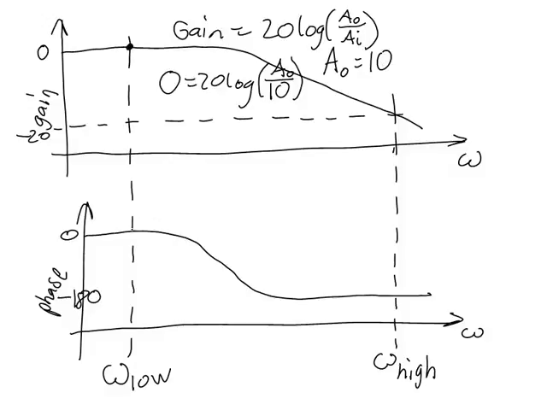Next, I go down to the phase plot, and I find the phase at omega low. I see that the phase here is 0. Now, I will start to draw a time signal of the output. I know that the amplitude is 10, the frequency is omega low, and the phase is 0.